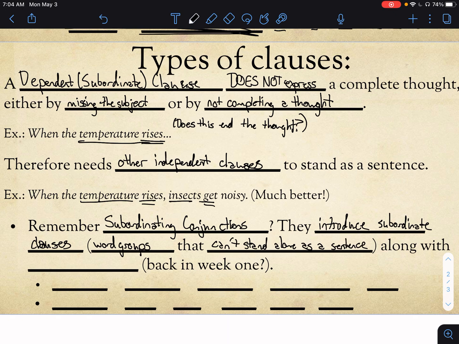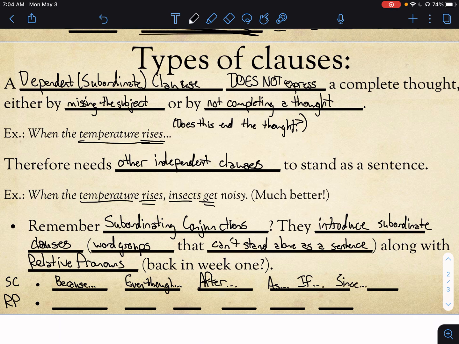And the other way to introduce a subordinate clause is way back in week 1, our relative pronouns. So subordinating conjunctions and relative pronouns. Here are some examples. Because, even though, after, as, if, or you could have as if.